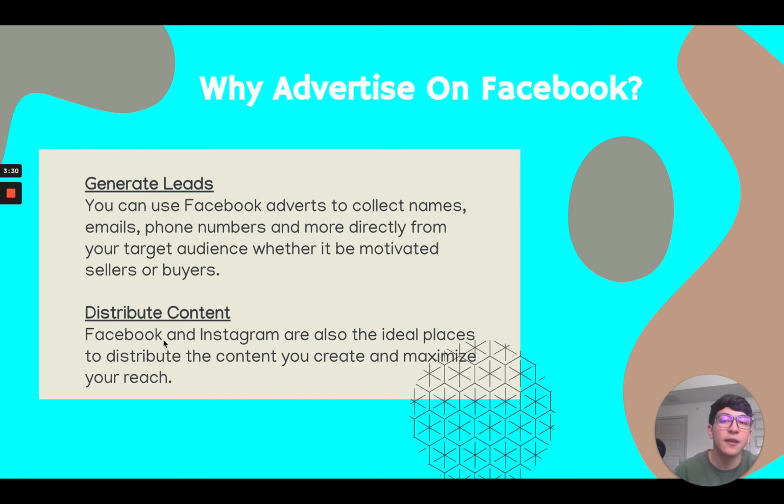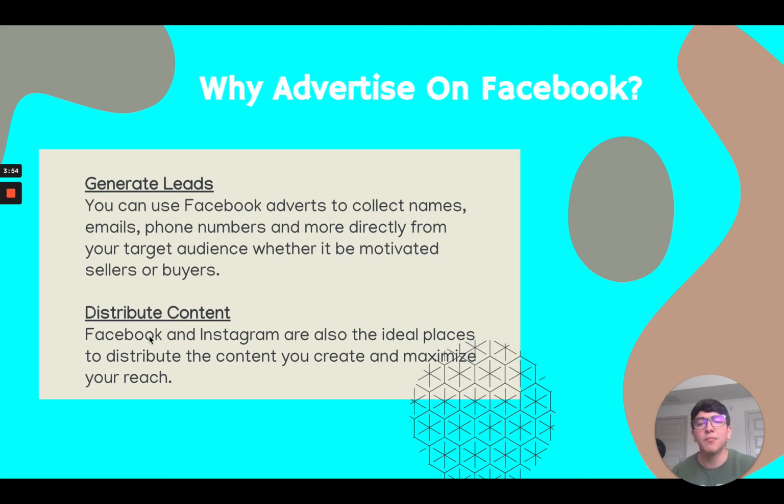The other benefit is how easy it is to distribute content. So if you didn't know, Facebook and Instagram are the 2 largest social media platforms out there. So that's around 90% of everyone on social media is on Facebook and Instagram or one or the other. Now, they're under the same family, the same ecosystem, which is Meta.